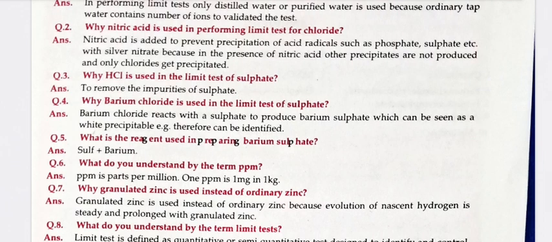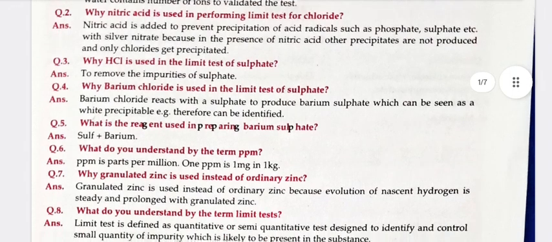Because in presence of barium chloride, it gets converted into barium sulfate if any sulfate is present as an impurity. So this is the main reason barium chloride is used in the limit test for sulfate.